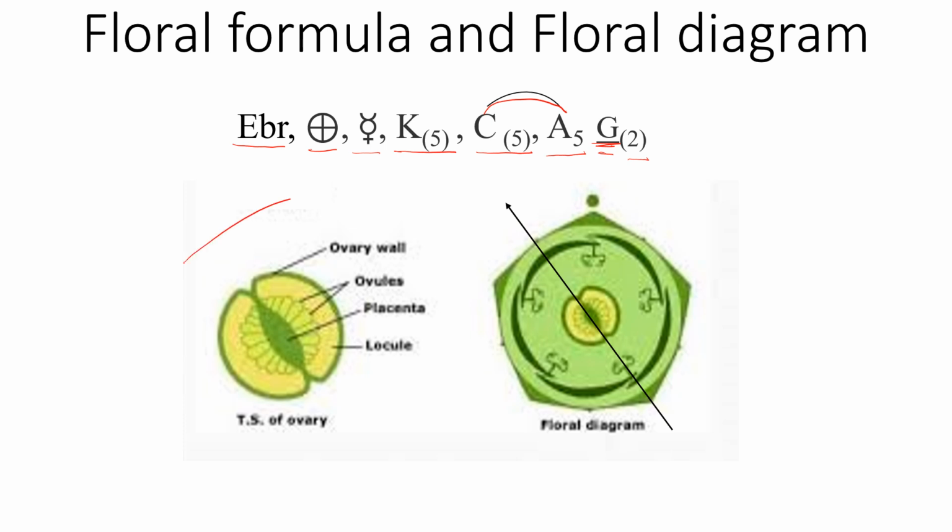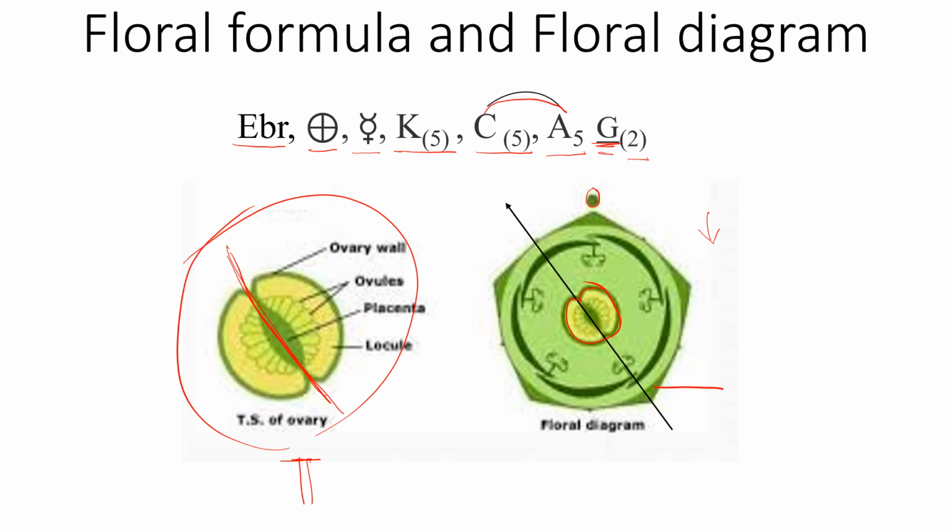And this is what the obliquely placed ovary. So with respect to stalk of the flower, ovary is not straight, it is recurved. And if you look in this floral diagram, with respect to this mother axis, this ovary is obliquely placed.